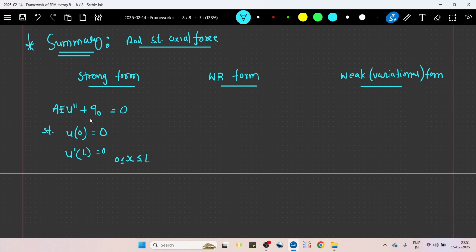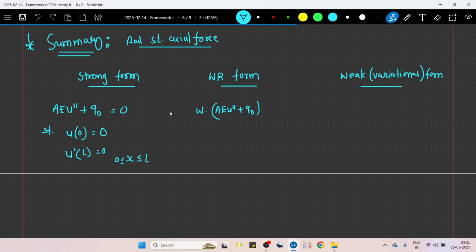This is our assumed solution, so A U double dash plus Q0 with the assumed solution is a residual. We multiply this with our weighting function and take the integral, and then we say we'll minimize. So this is our weighted residual form.